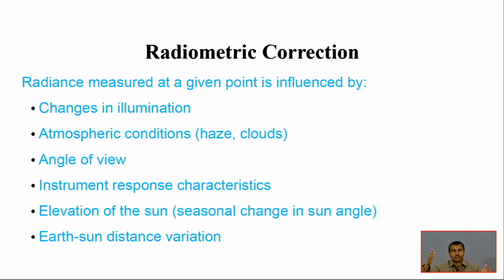In an electromagnetic wave there are two characteristics: one is the frequency, another is the wavelength. Frequency into wavelength is the velocity, and the velocity of an electromagnetic wave is constant. So as the frequency varies, the wavelength also varies.